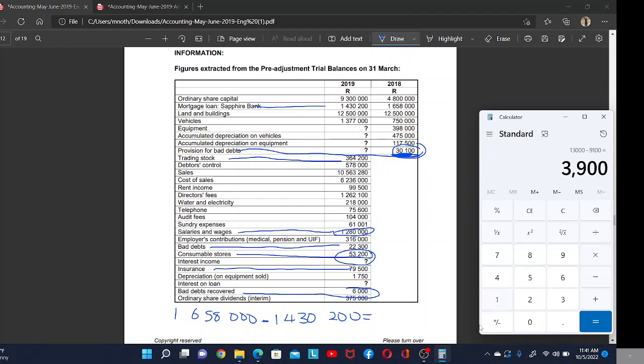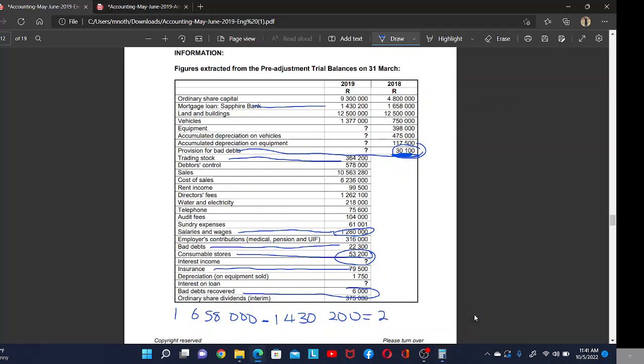So let's calculate how much the business paid. Because if you can remember, they said interest is capitalized.